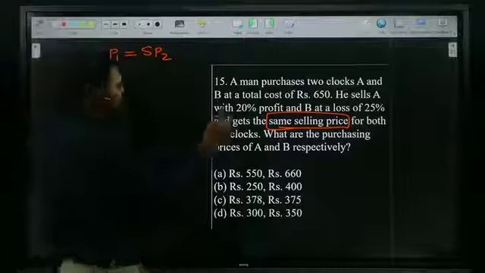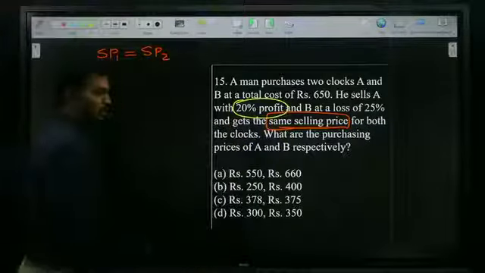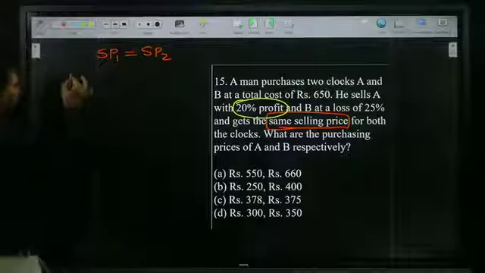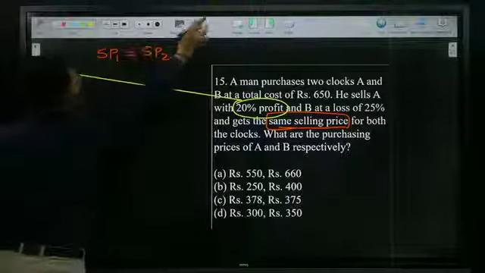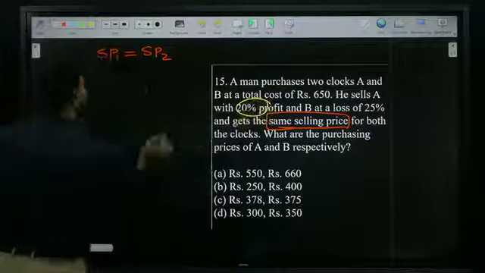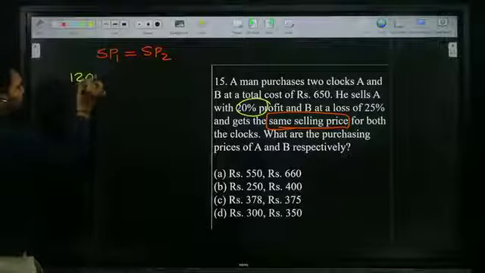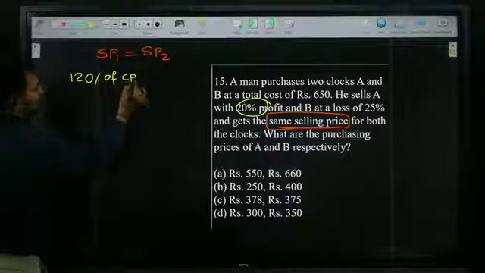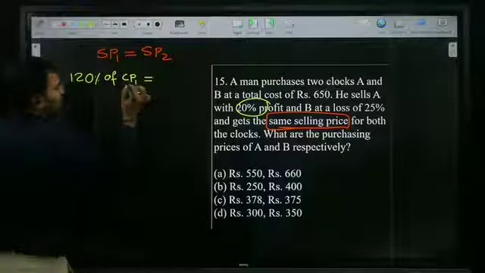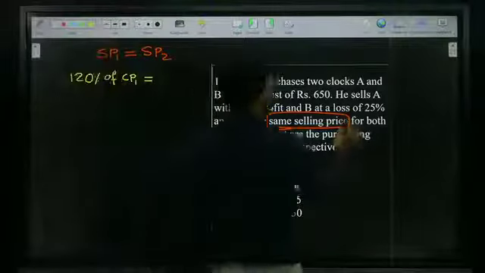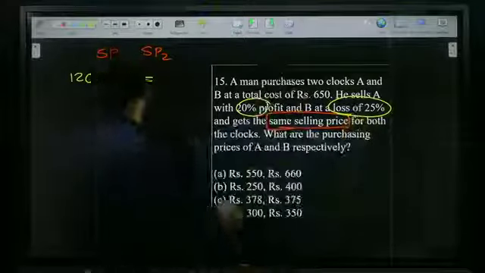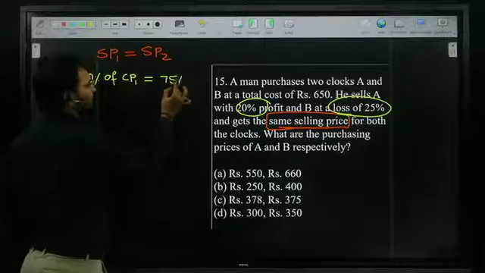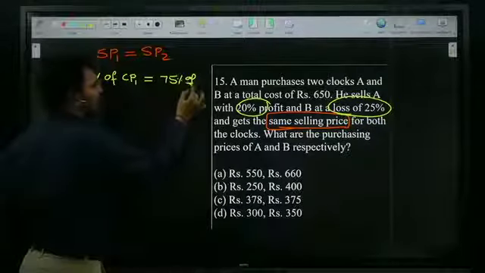First article he sold at a profit of 20%, which is nothing but 120%. Therefore 120% of CP1, the cost price of the first article, is equal to the second article, where he is getting a loss of 25%. A 25% loss is nothing but 75% of CP2.